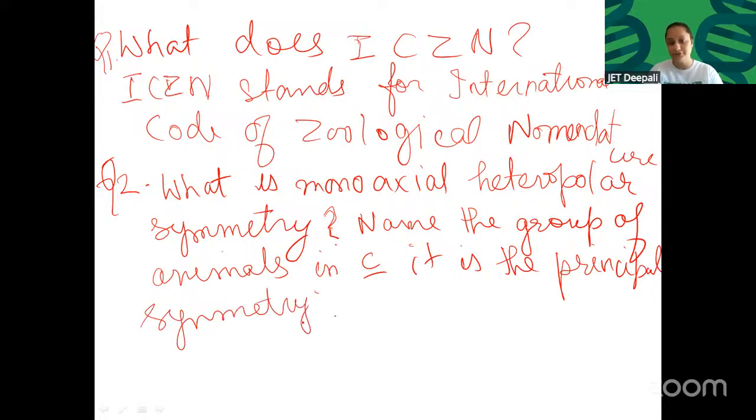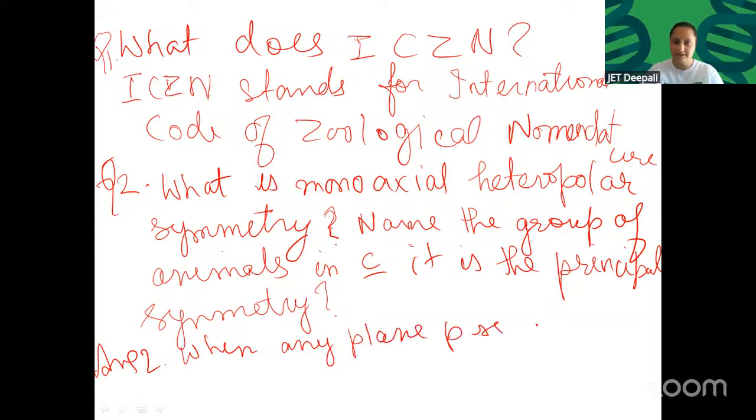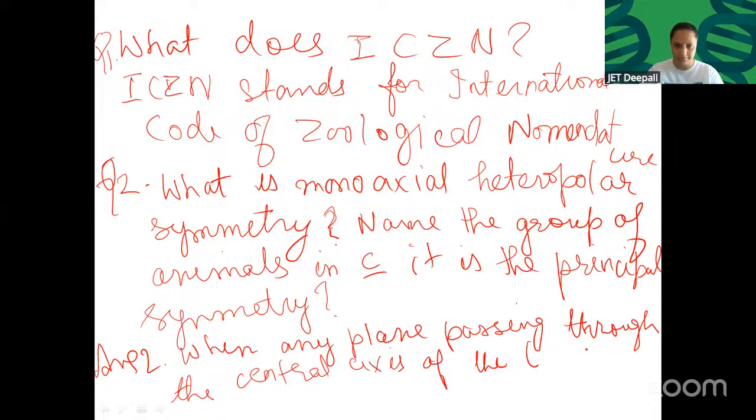So what is monoaxial heteropolar symmetry? I'm writing the answer for you. When any plane passing through the central axis of the body divides an organism into two identical parts.